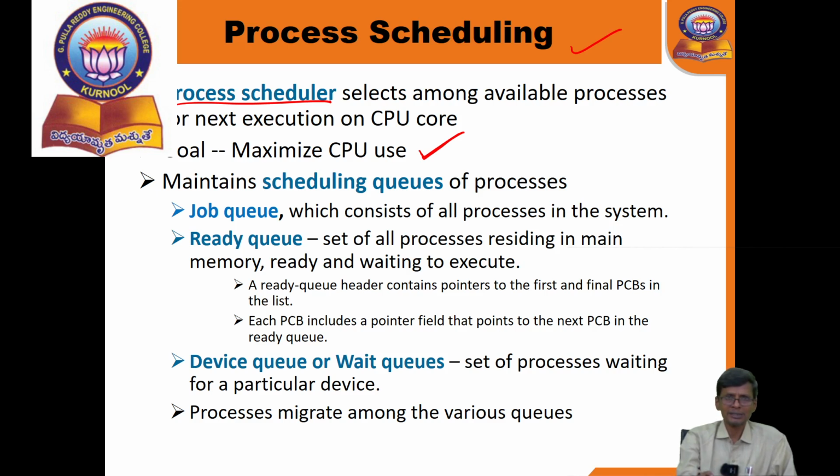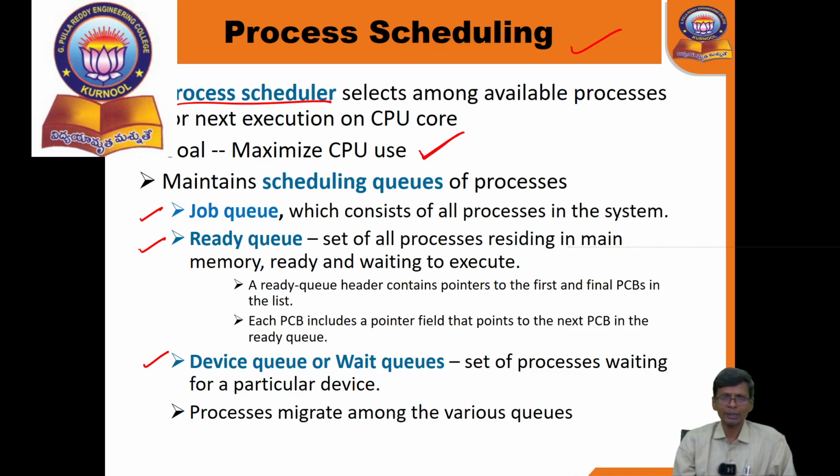In the process scheduling concept, three queues are required. One is the job queue, the second is the ready queue, and the third is the device queue, also called the wait queue. We'll see them one by one. The first one is the job queue. This queue contains all the processes present in the system.